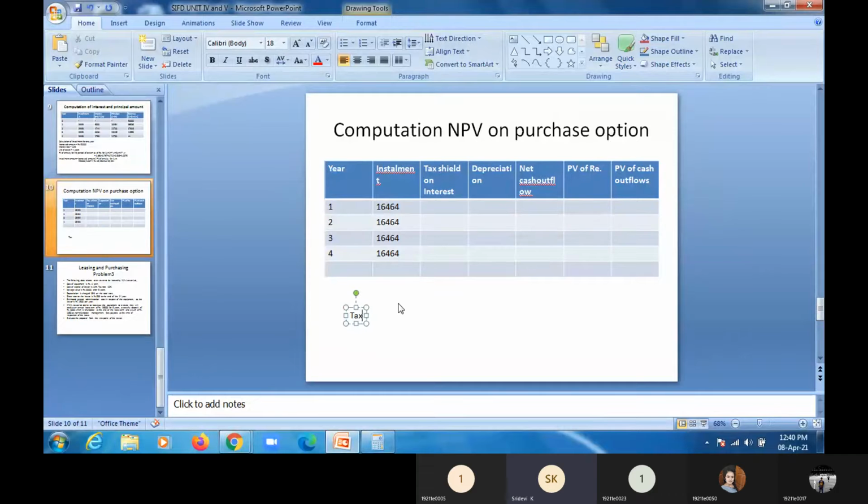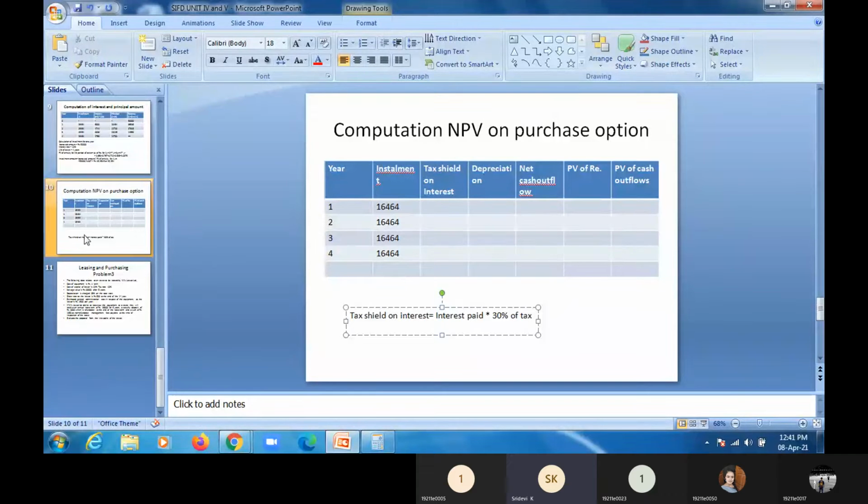Tax shield on interest equal to interest paid into the percentage of tax given. So now each year you apply the formula and calculate that.